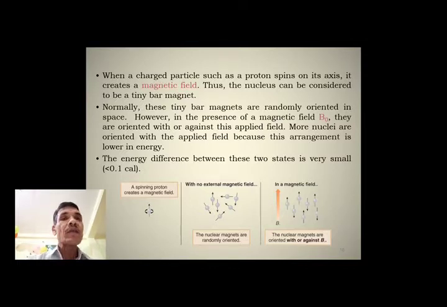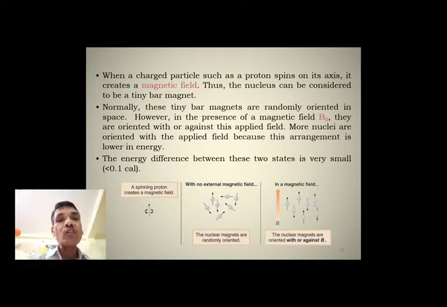However, in the presence of an externally applied magnetic field, that is B0, they are oriented with or against the externally applied magnetic field. More nuclei are oriented with the applied magnetic field because this arrangement is the lower energy level. That is, the magnetic moment generated by a spinning nucleus is aligned parallel to the externally applied magnetic field.